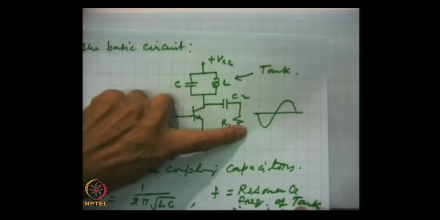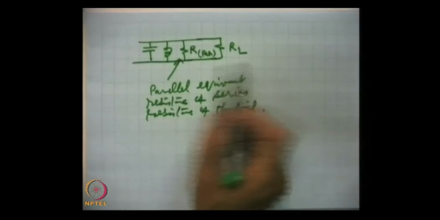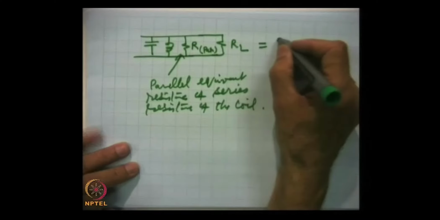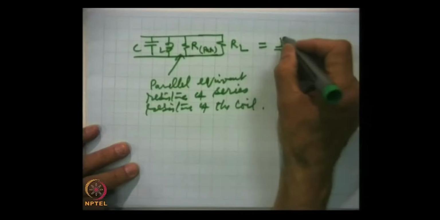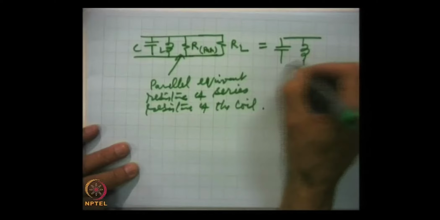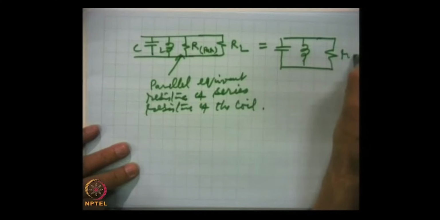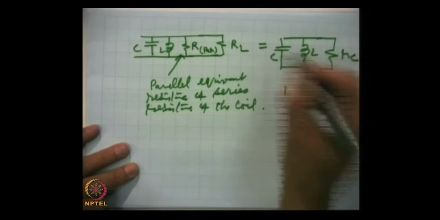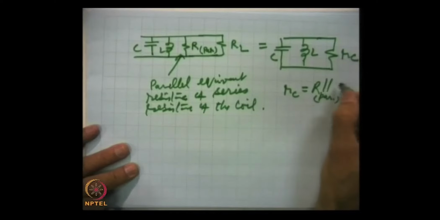So, when this is shorted, everything will come in parallel, and this is what has been shown. And here we can replace it by this, where this is the effective load RC, this is L, this is C, and this RC is actually R parallel in parallel with RL.